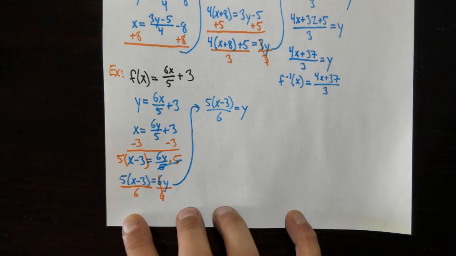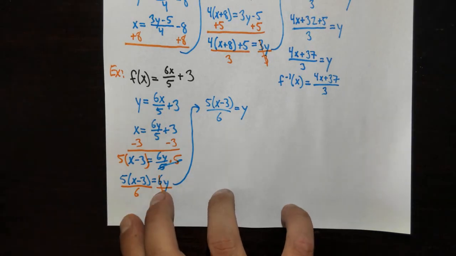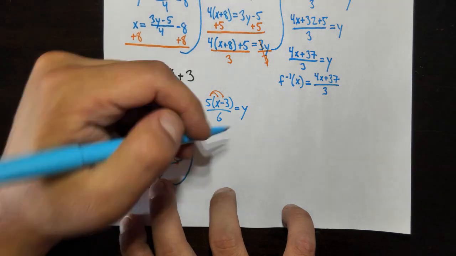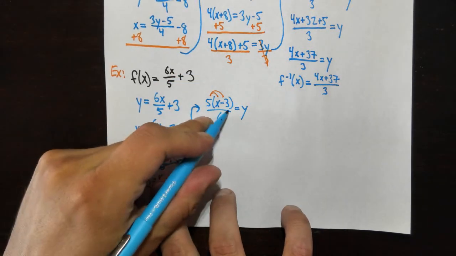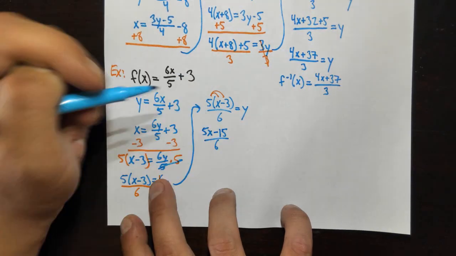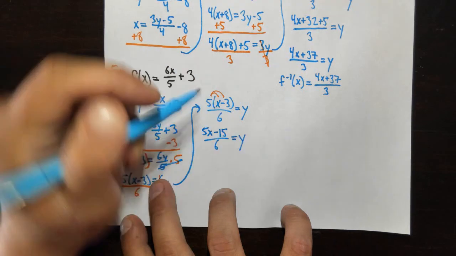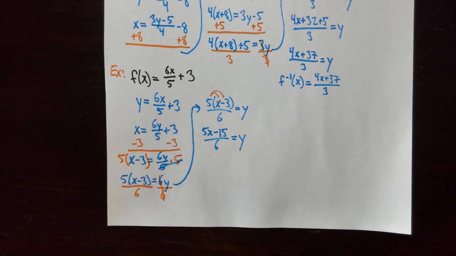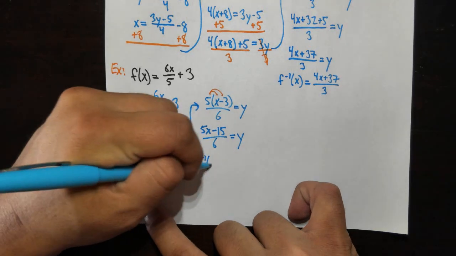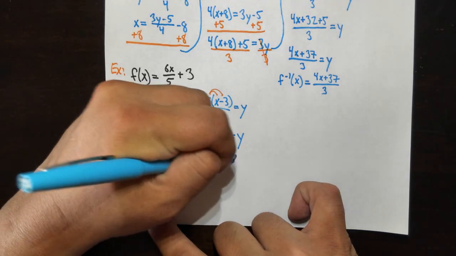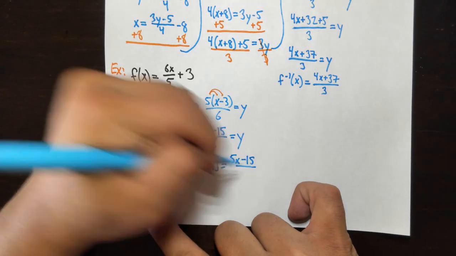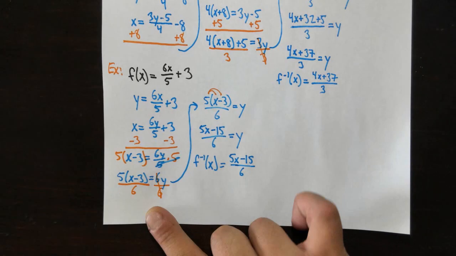And then we can clean this up a little, simplify, which means we can distribute this 5. 5 times x is 5x. 5 times negative 3 is negative 15 over 6 equals y. And then finally, last step, we're going to turn our y back into the f inverse of x. So we get f inverse of x equals (5x minus 15) all over 6.